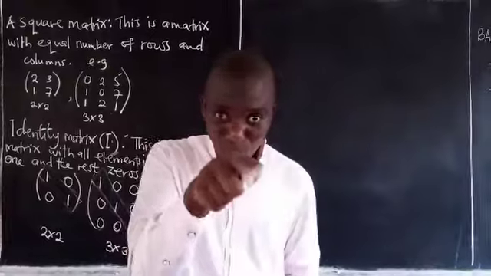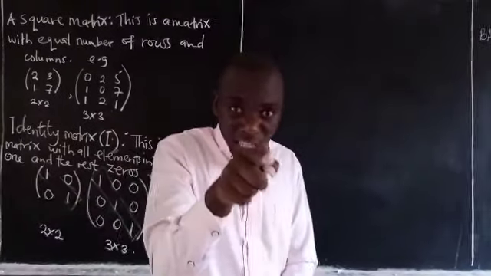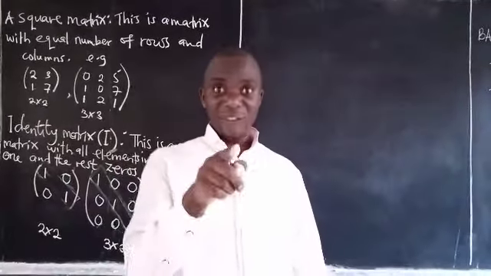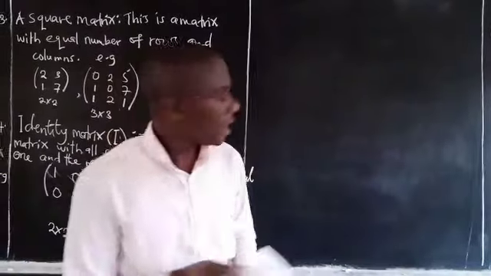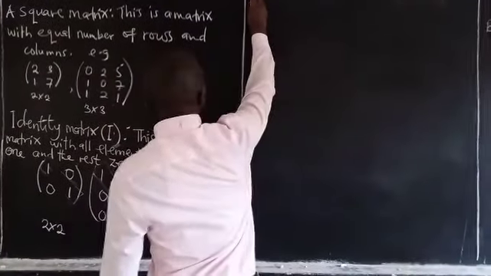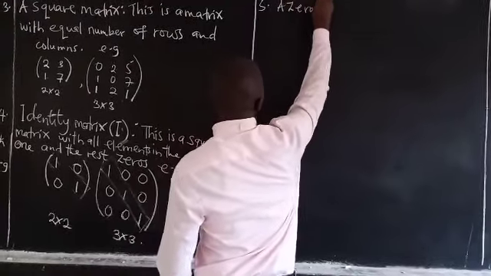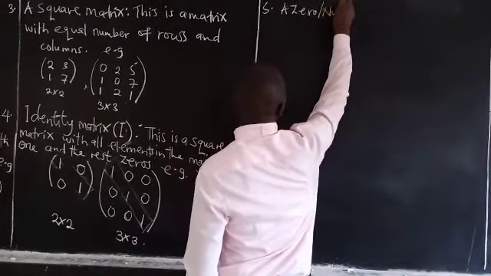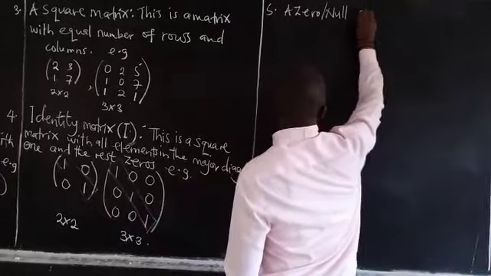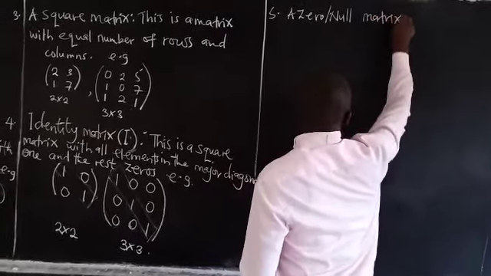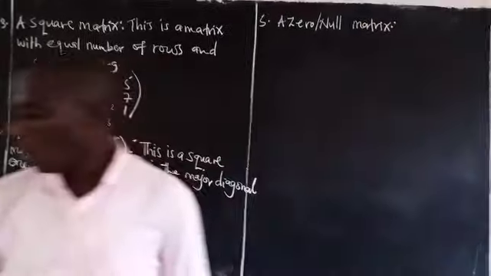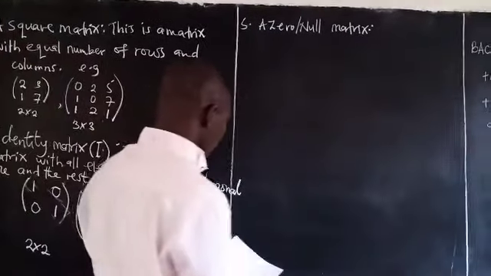That 0 matrix that you want to say but you are fearing is the name that we give this matrix. Therefore, we have a 0 matrix, in some other languages you call it a null matrix.